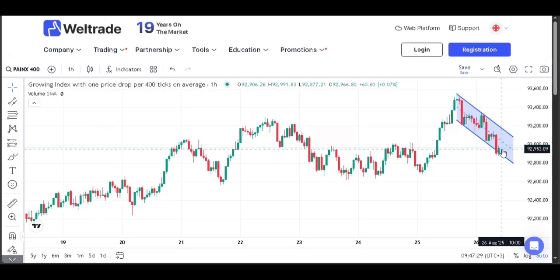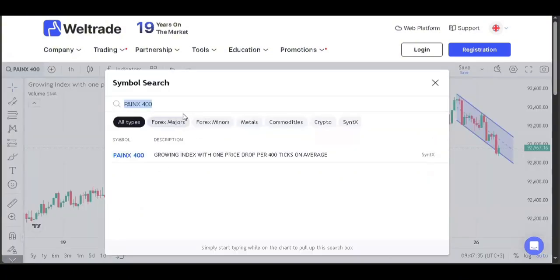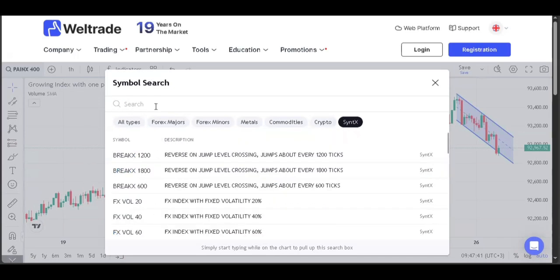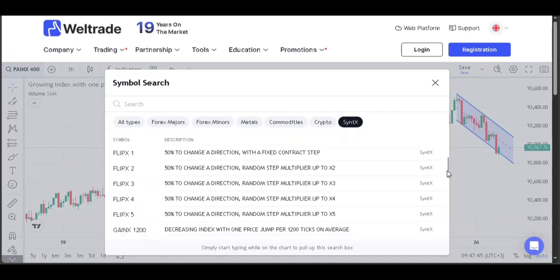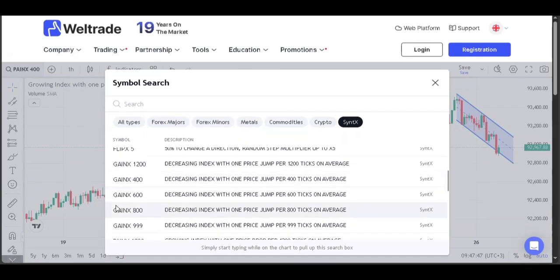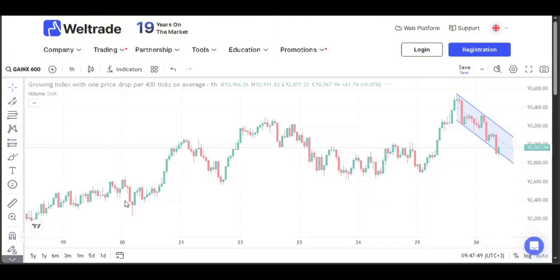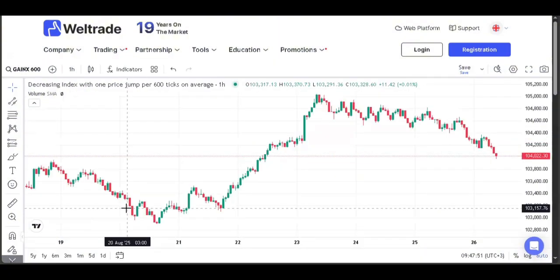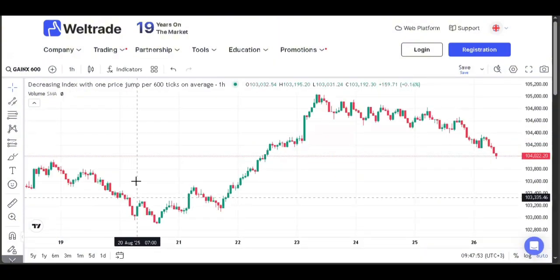So here I'm going to look for another pair so that we can see whether we can trade that pair or not. So what you do is just click here and we look for another pair so that we can see if we can catch a spike. So I'm going to check on this pair. All right. So this is Gain 600.